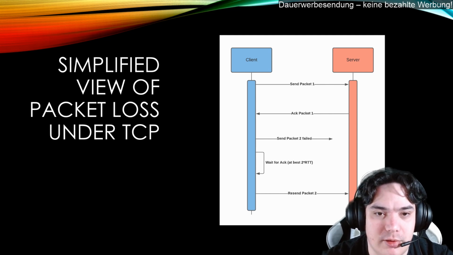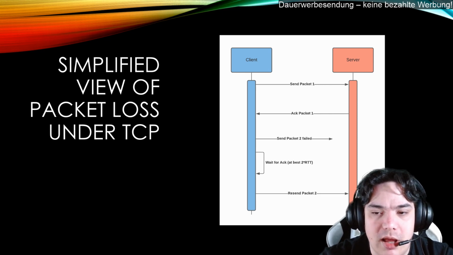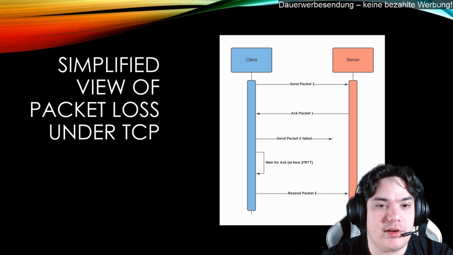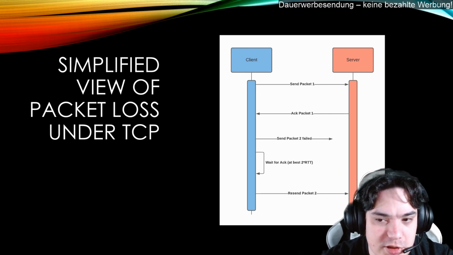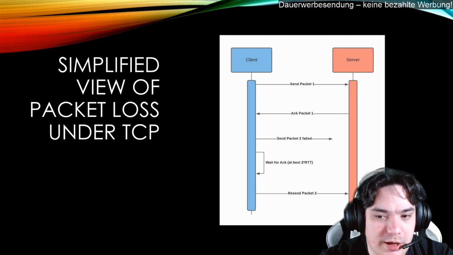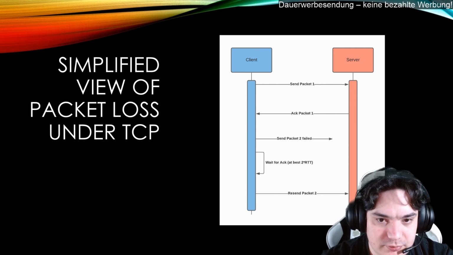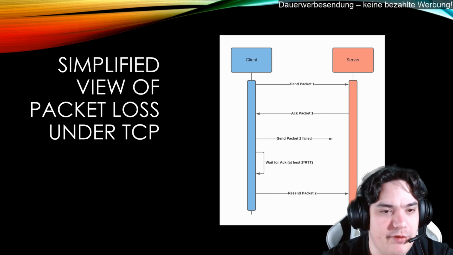Let's say this is a player position, like I said, the XY coordinates of where the player currently is. When the server gets the message, it sends an acknowledgement: I got packet 1. Then let's say the client sends packet 2, but it fails, so the packet never arrives at the server.